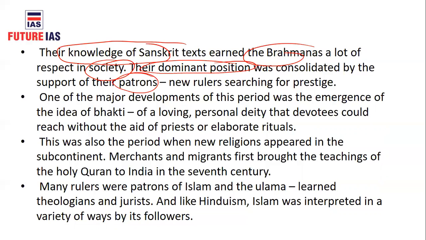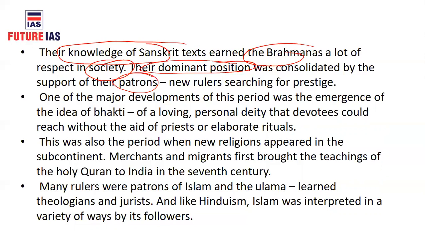The rulers started patronizing those Brahmanas, and the Brahmanas started influencing the societies, and in turn their respect also grew. The new rulers also started searching for prestige, and in that search, the Brahmanas were given certain patronage under these new rulers.